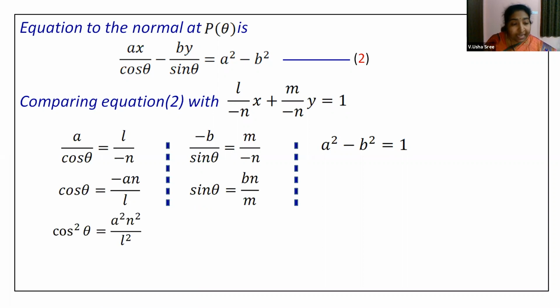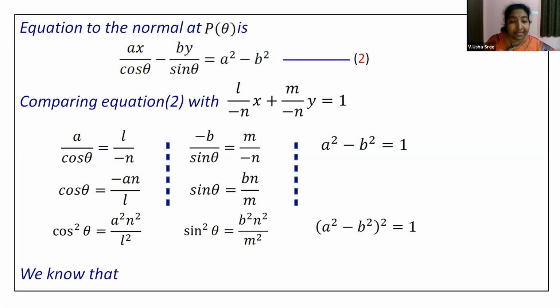Then we will calculate cos²θ, which is equal to a²n²/l², and sin²θ is nothing but b²n²/m². And of course, (a² − b²)² is also equal to 1. Now, according to the trigonometric identity, cos²θ + sin²θ is equal to 1, isn't it?